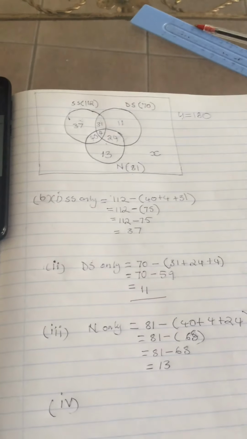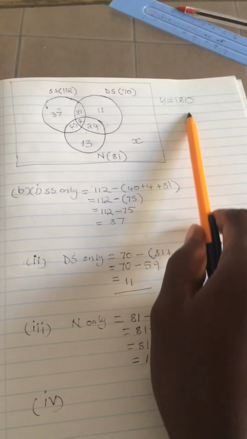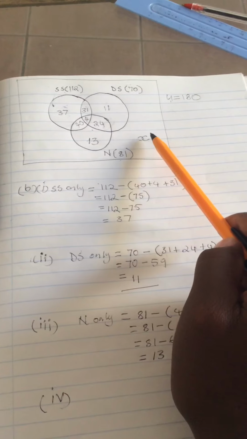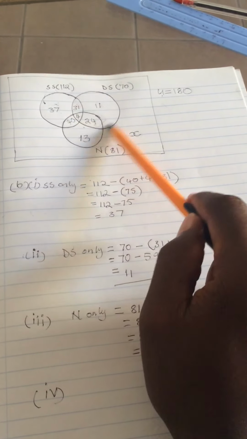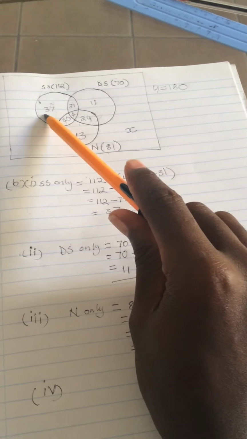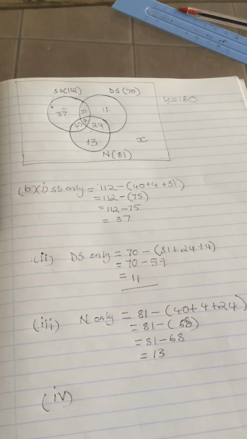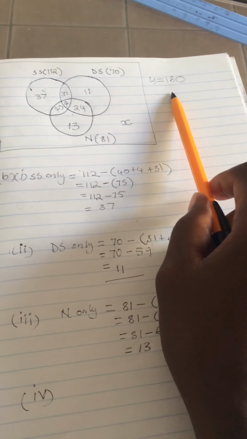The population of the universe is 180. These numbers are the students who picked any of these subjects, but there are also some students who didn't like any of those subjects, so they are part of that 180 population.